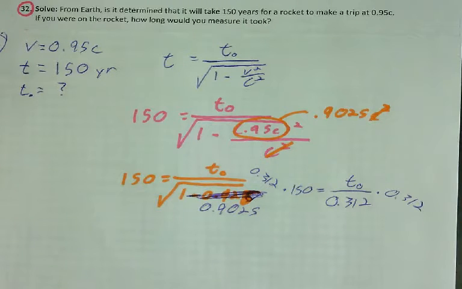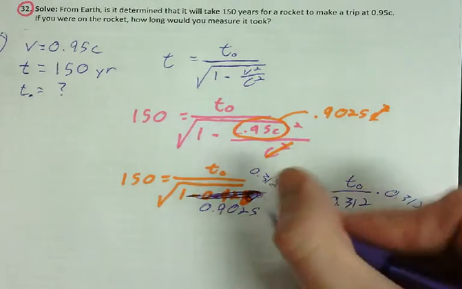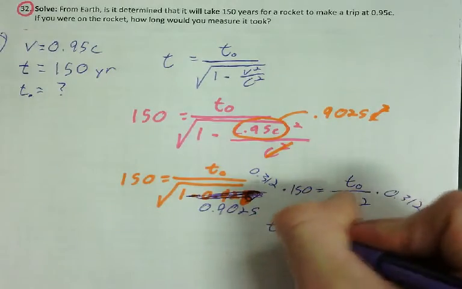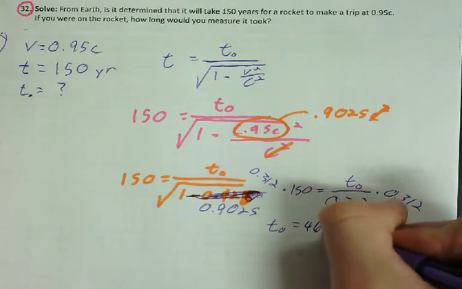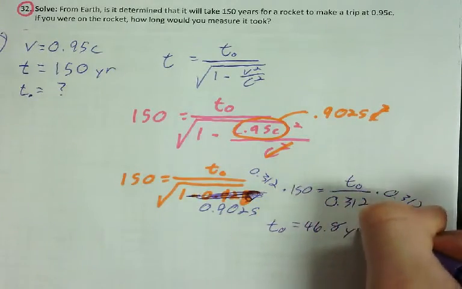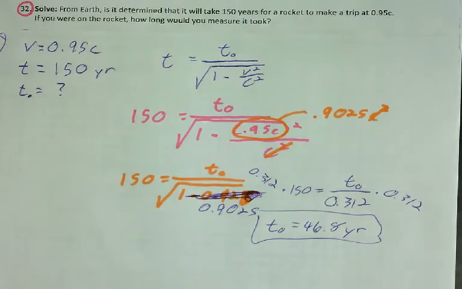And you should get 46.8. So someone on Earth measures it to be 150 years, but you measure it to be 46.8.